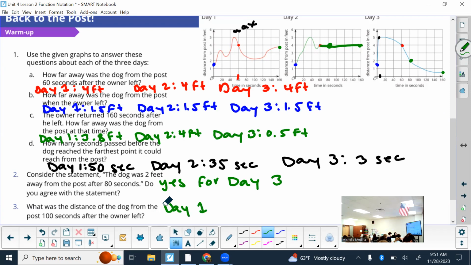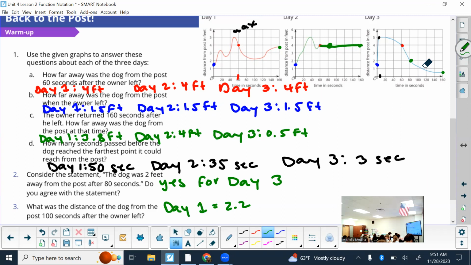For day 1, 2.2. So 100 seconds after, I would say that's about 2.2. It didn't specify for any specific one, so we could even just leave it at that. But for day 2, it would have been 4 feet. For day 3, it would have been about 1.2 feet or something like that.